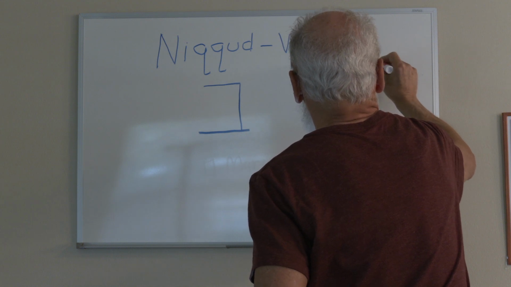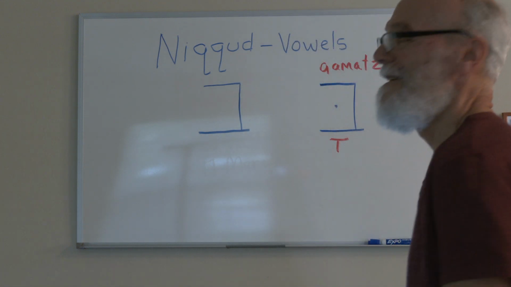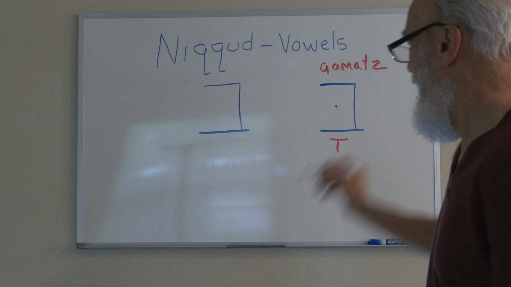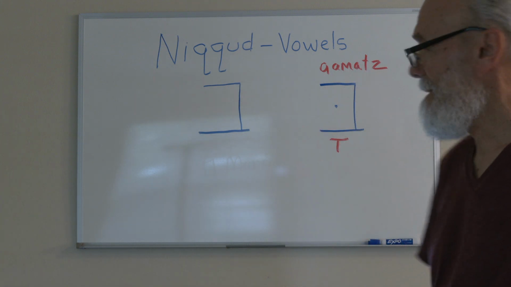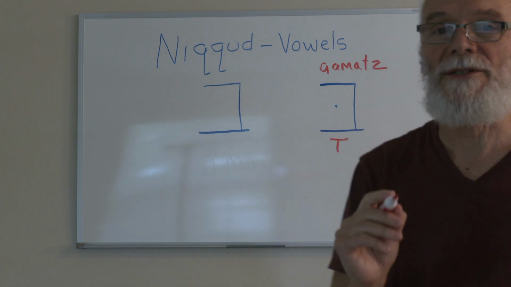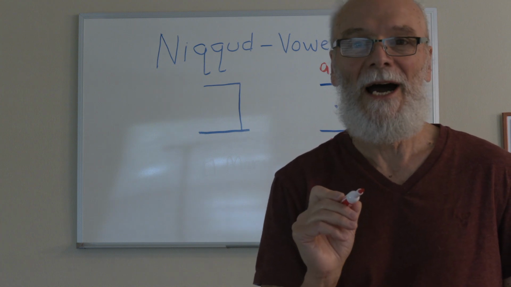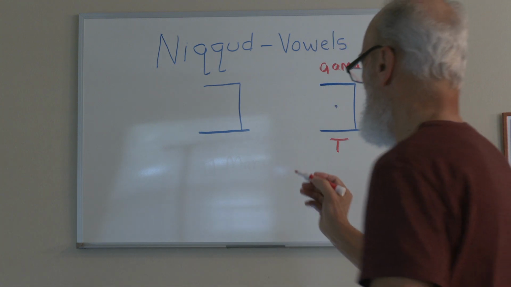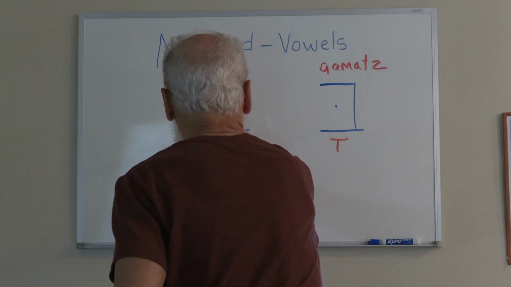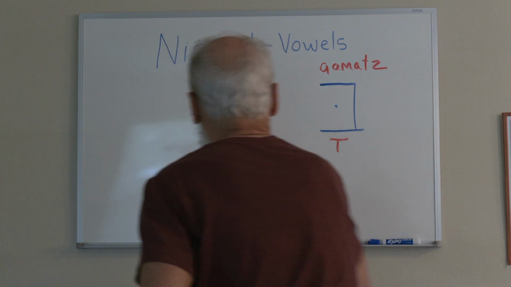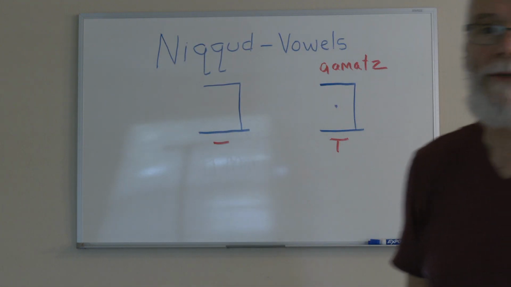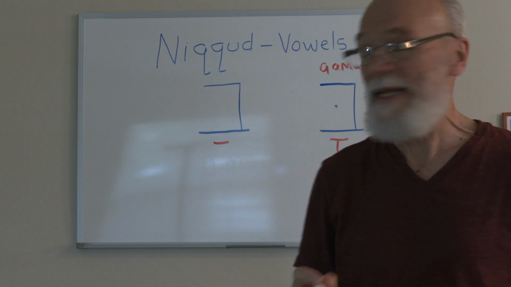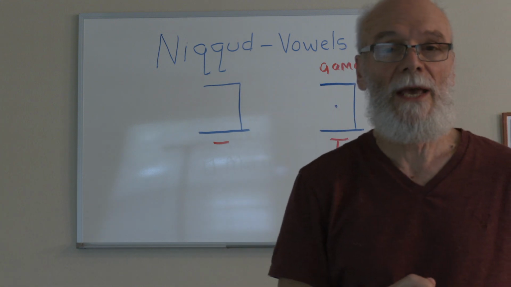Kamatz. Something like that. Kamatz. Ah. Ba. Now the next vowel is called a patak. And it is just a line under the consonant, bet, as we're using here as an example.